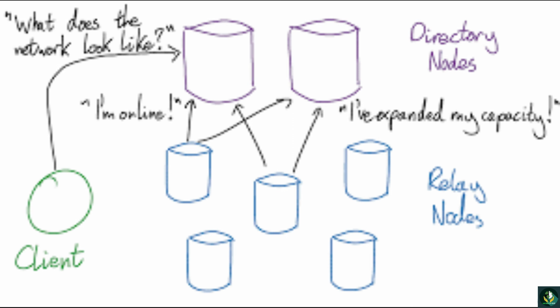Tor works in the middle, between the attacker user and the destination. First the user goes to the Tor network, and the attacker targets the user before they go to Tor.